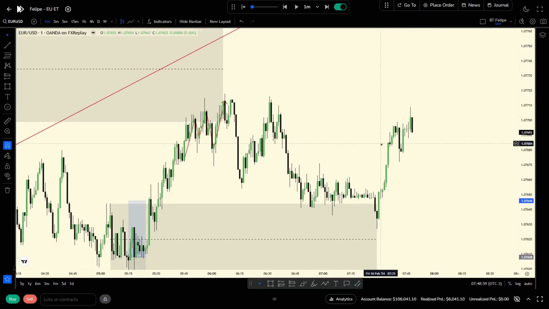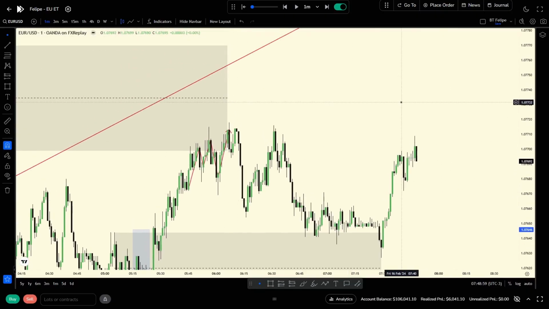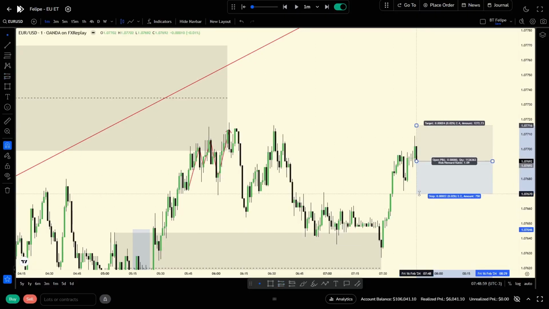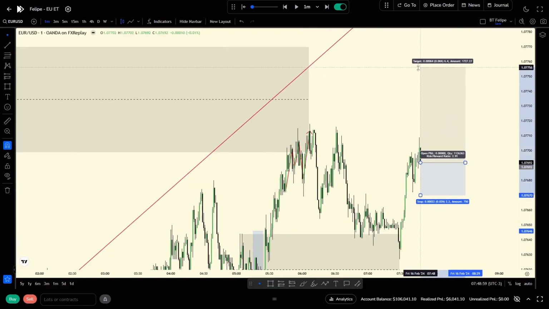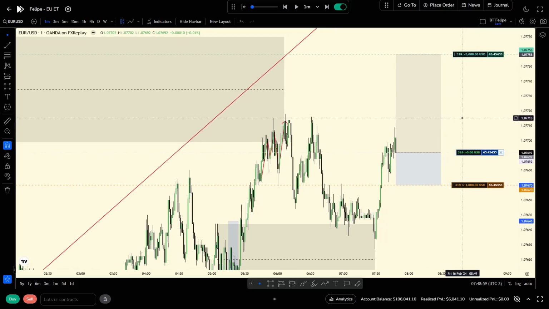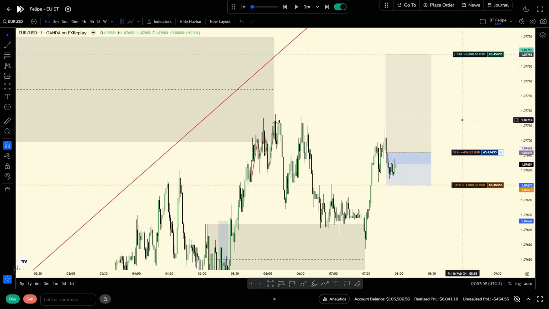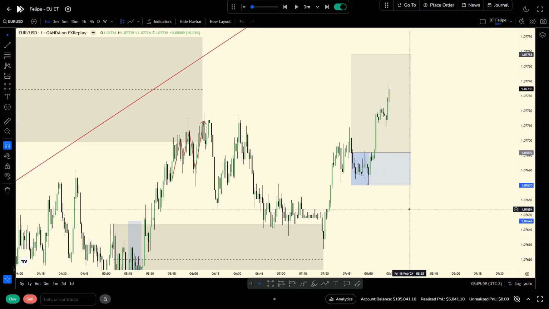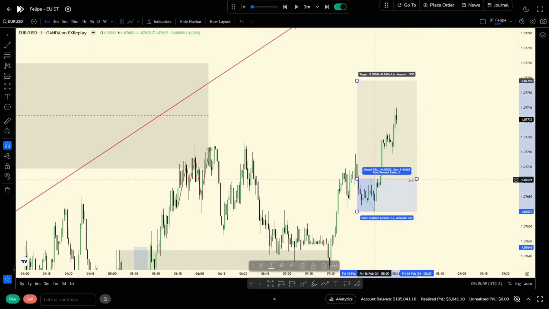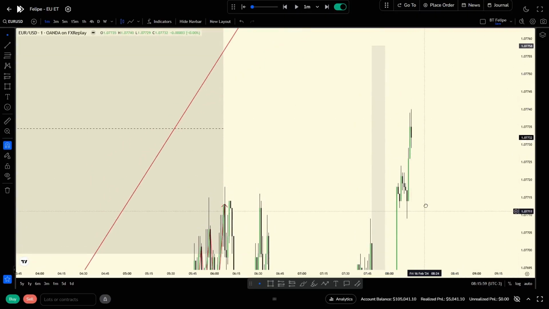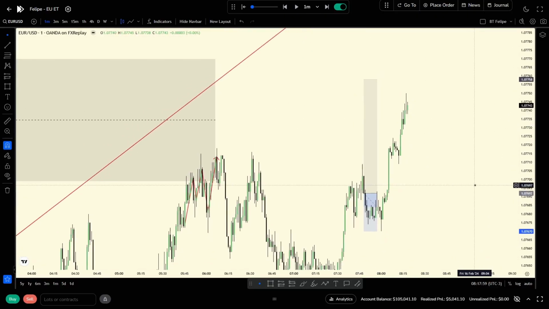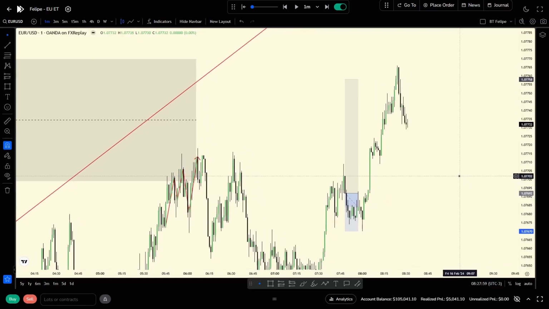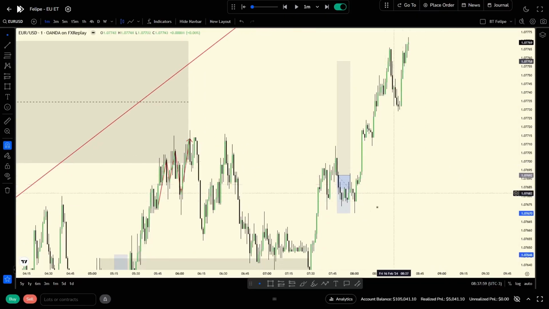Now there is also another setup. Maybe this one can go, just because we already retraced. Oh damn. No, this was unlucky.